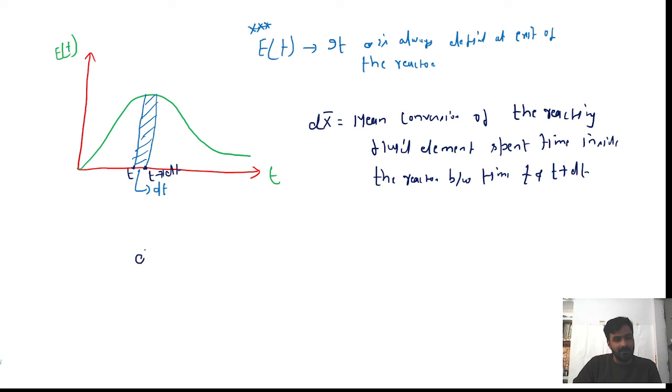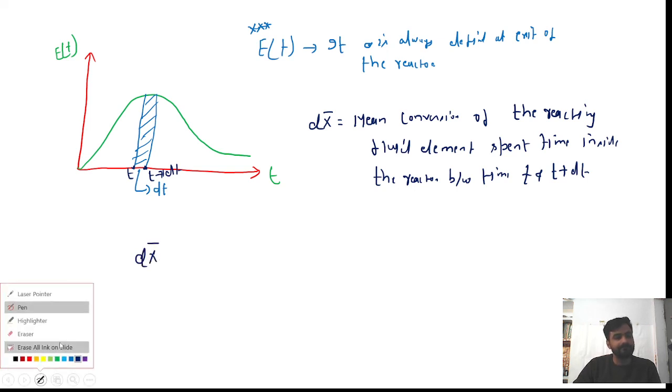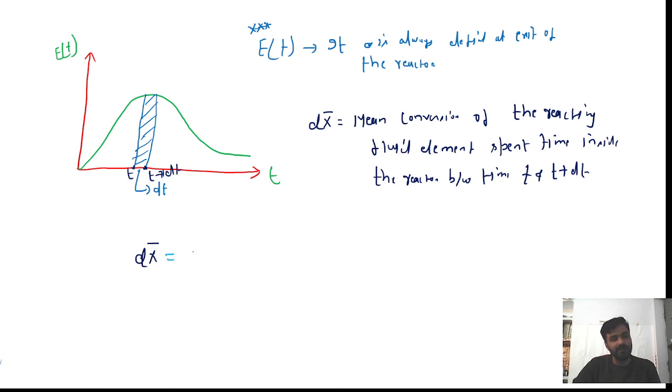So you can write directly dX bar equals X(t), because conversion is a function of time, and you have the residence time distribution plot, X(t) E(t) dt.